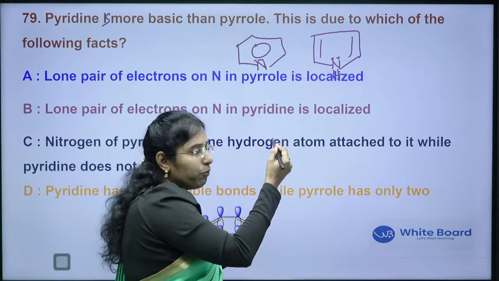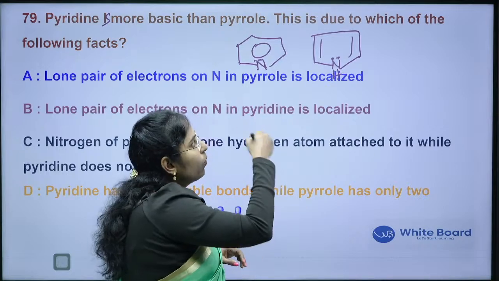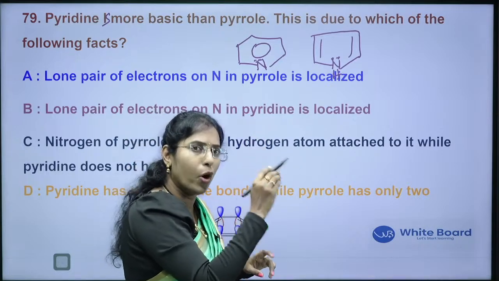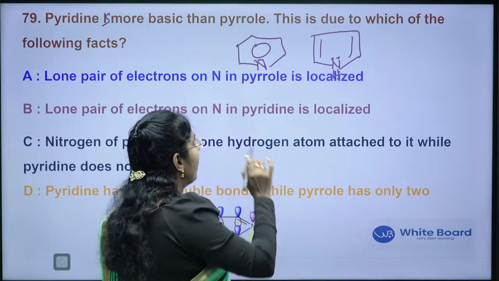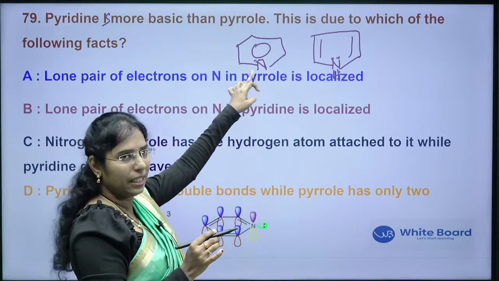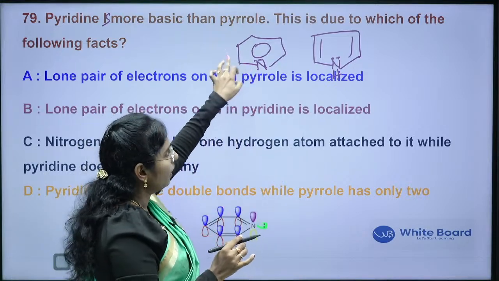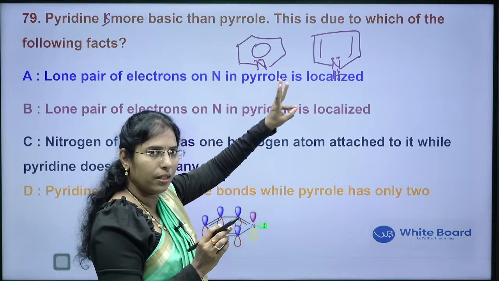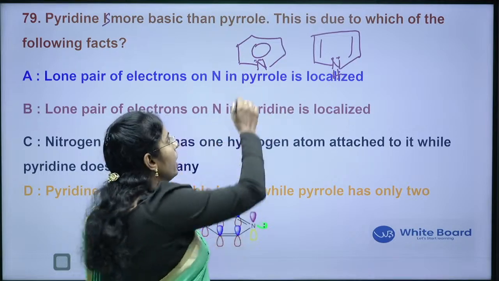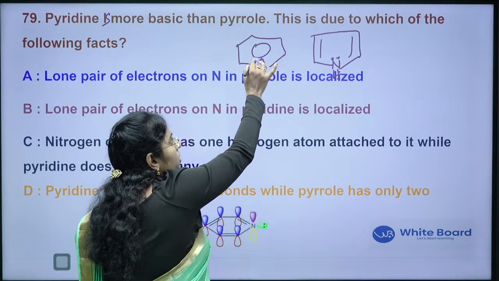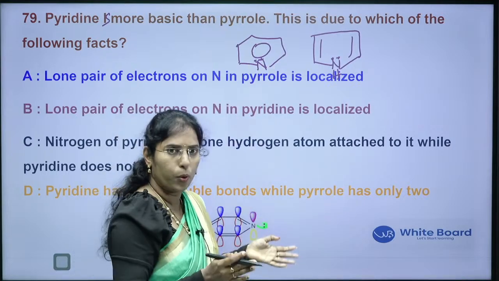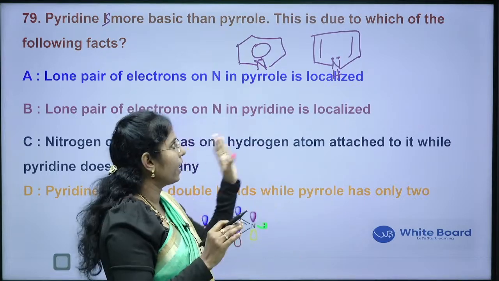In order to have the aromaticity, it will be involved in formation of a pi molecular orbital. Whereas in case of pyridine, it already has all 3 double bonds, so it is satisfied. The lone pair of electrons can readily donate to accept that proton, and it can form the bond.